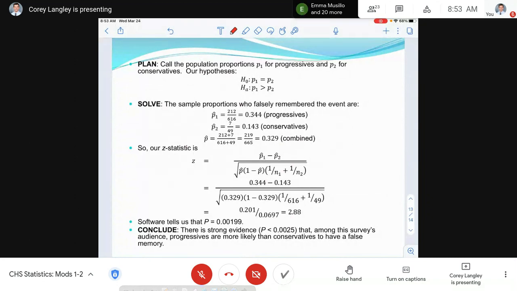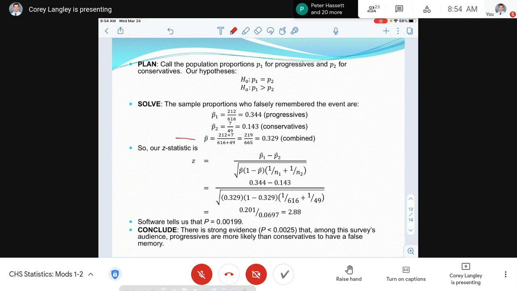Our alternative hypothesis is that more progressives misremembered this than the conservatives. So we can see what the data shows. Our sample proportion for the progressives is 34.4%, who remembered this even though it didn't actually happen. For the conservatives, 14.3%. Now, we also see that pooled p hat that I was talking about.